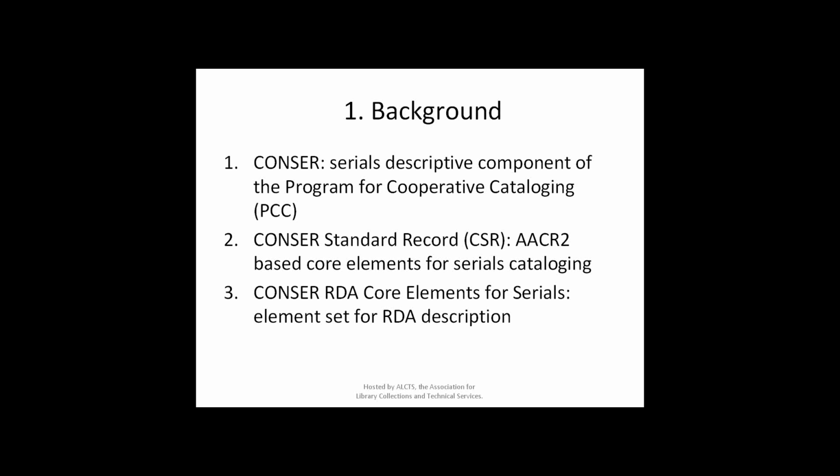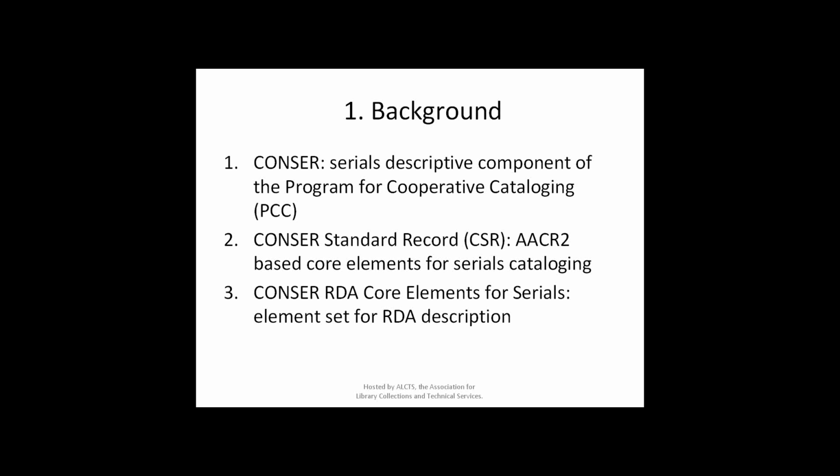The CONSER standard record was an AACR2 based set of core elements for serials cataloging that was developed and implemented by CONSER in 2007. And as we'll see, when we began to develop RDA core elements, we needed to reconcile some of the practices that we had with the CONSER standard record, or CSR, with new RDA practices, or the RDA context. And then also this session is really about CONSER RDA core elements for serials.